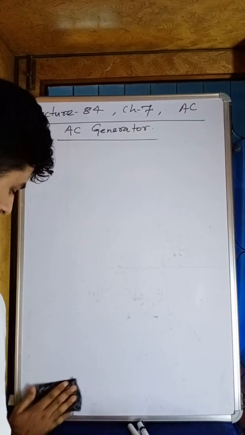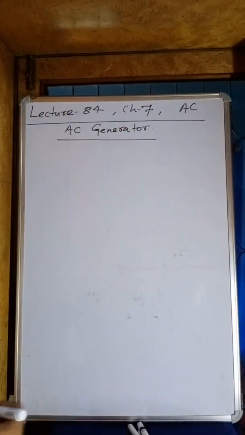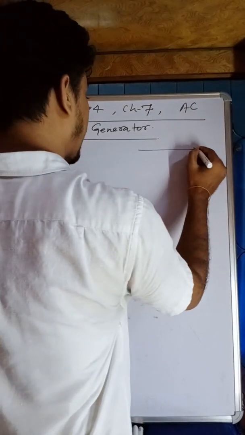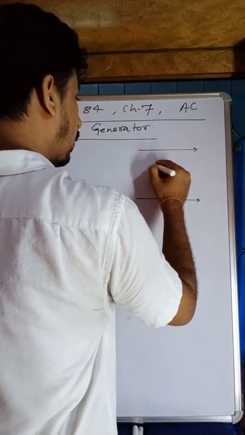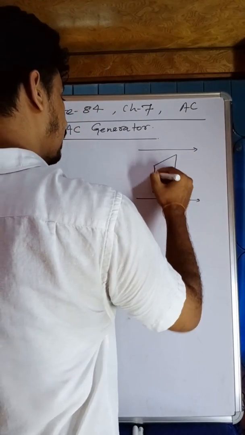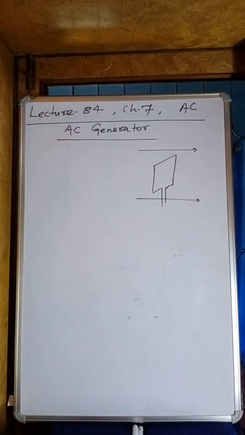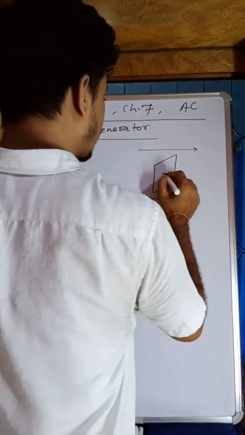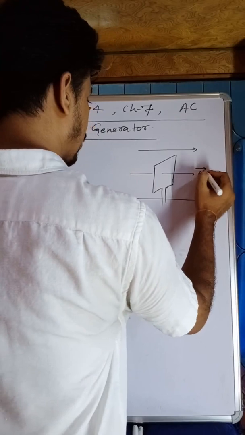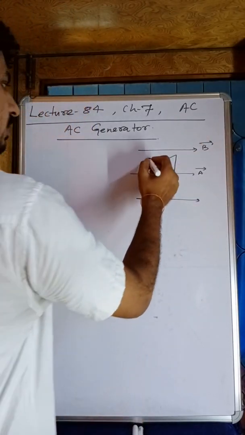Okay, so suppose this is the coil, and this is the magnetic field in which the coil is kept. This one is rotating. I hope you will recall that we have studied this in EMI. This is the magnetic field and this is the area vector. How many turns do we have?